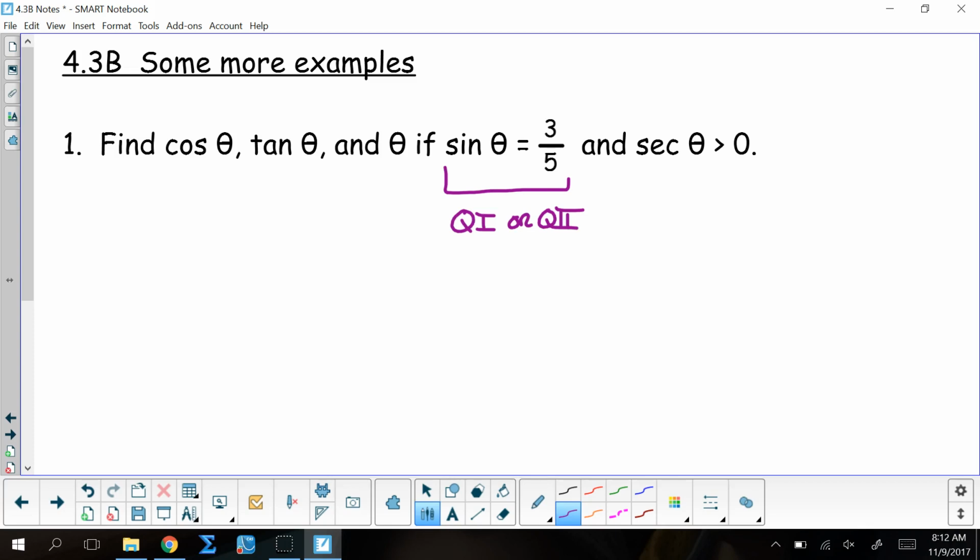Secant is greater than 0. Well, secant is attached to what? Sines or cosines or tangents? It's attached to cosines. So this is like saying that the cosine of theta is greater than 0. Where is the cosine of theta greater than 0?